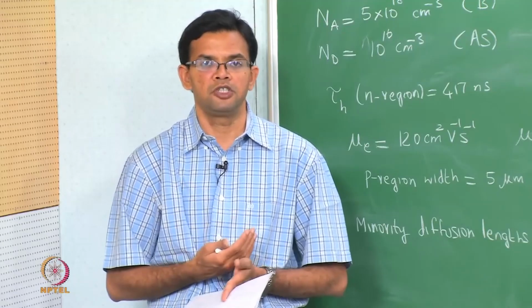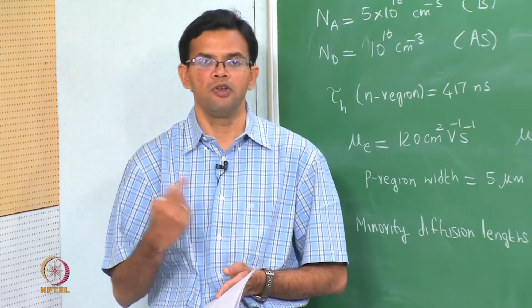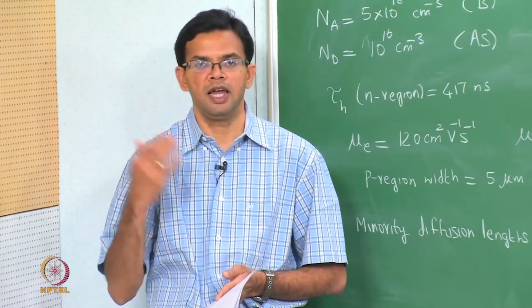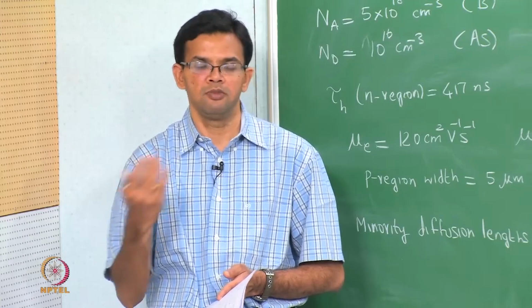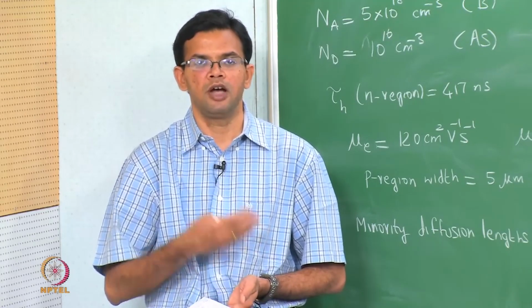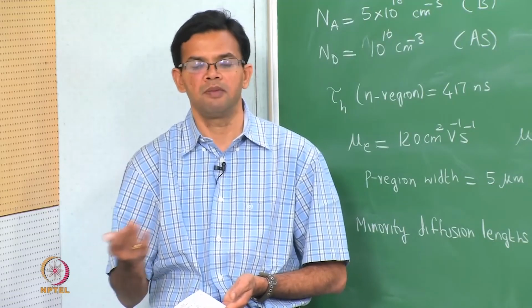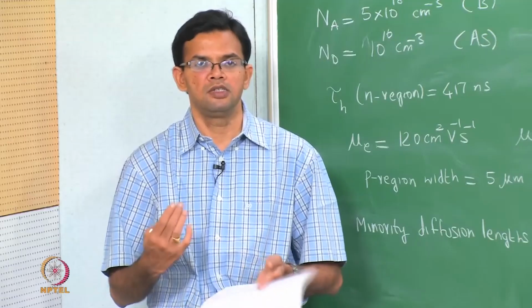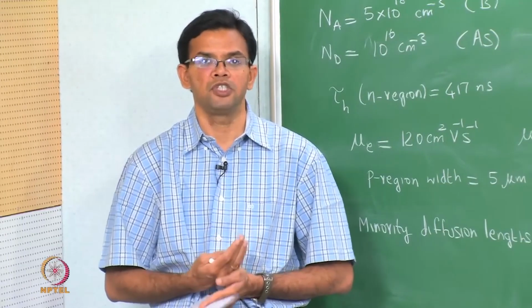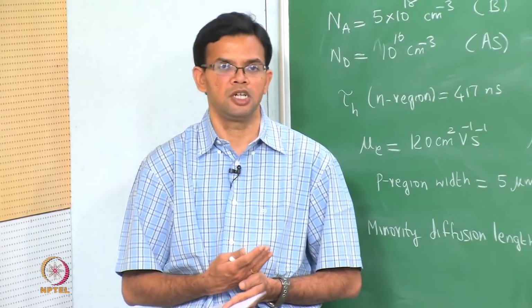When the barrier goes down, we basically have minority carriers moving across the junction. So, we have electrons from the n side moving to the p side where they are minority carriers. We also have holes from the p side moving to the n side, and there they are the minority carriers. So, it is this minority carrier diffusion that essentially causes current to flow in a p-n junction.